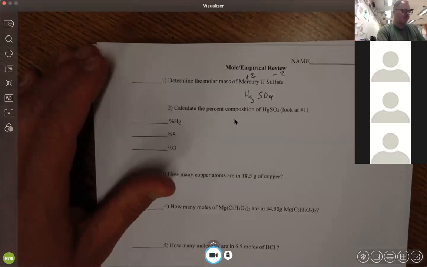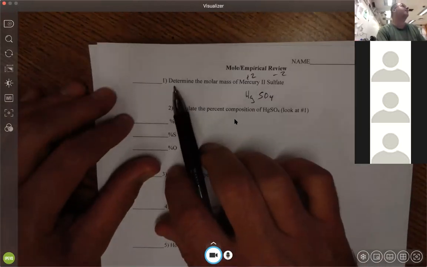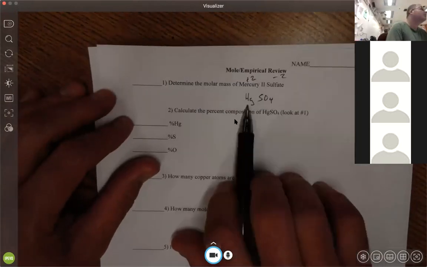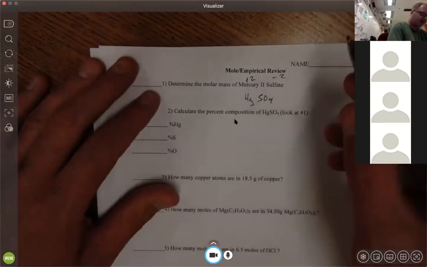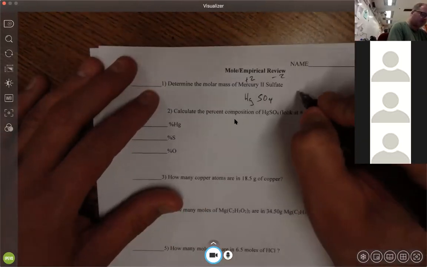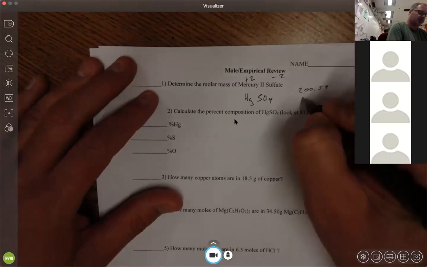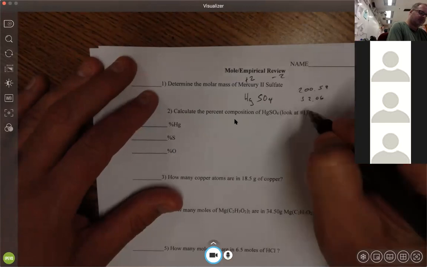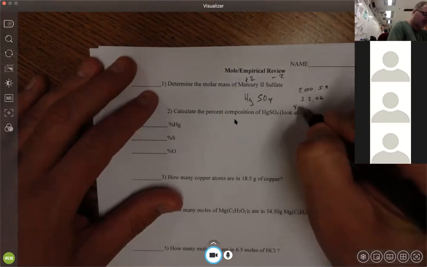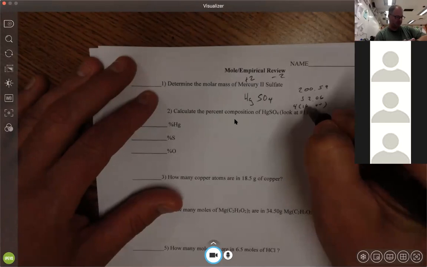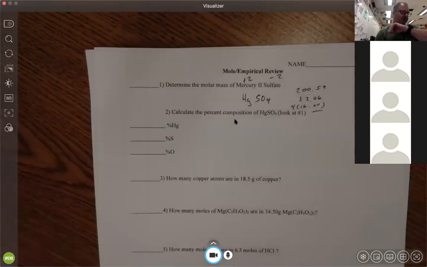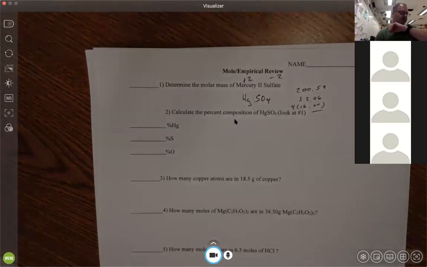So we determine the molar mass of mercury 2 sulfate by adding up mercury, which is 200.59, plus the 32.06 for the sulfur, and then 4 times 16 for the oxygen. 200.59 plus 32.06 plus 4 times 16.